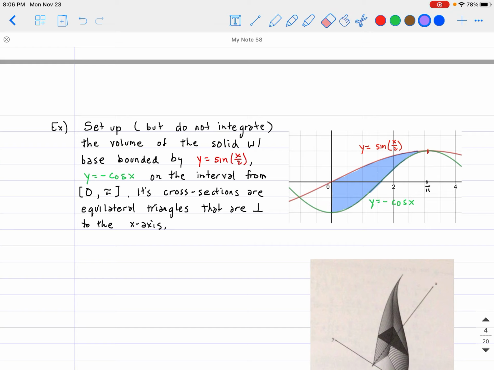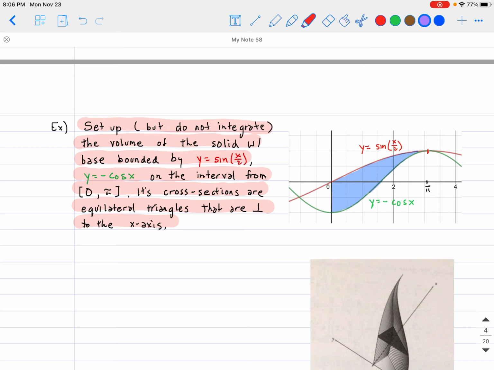So for this problem, I want to find the following: set up but do not integrate the volume of the solid with base bounded by y equals sine of x over 2, y equals negative cosine of x on the interval from 0 to pi, and its cross sections are equilateral triangles that are perpendicular to the x-axis.